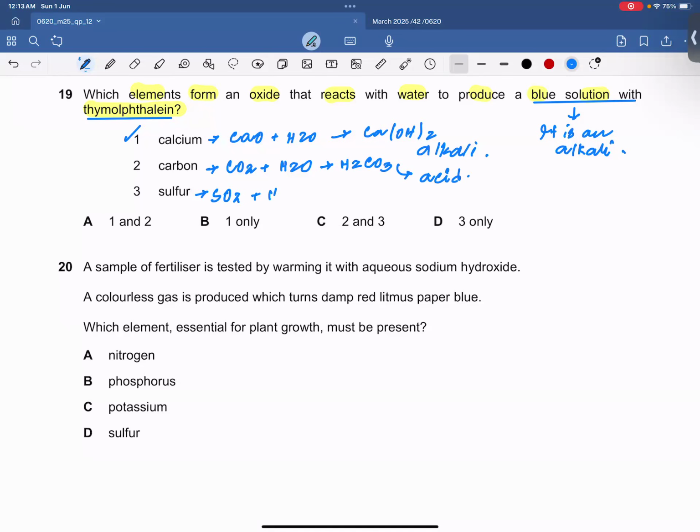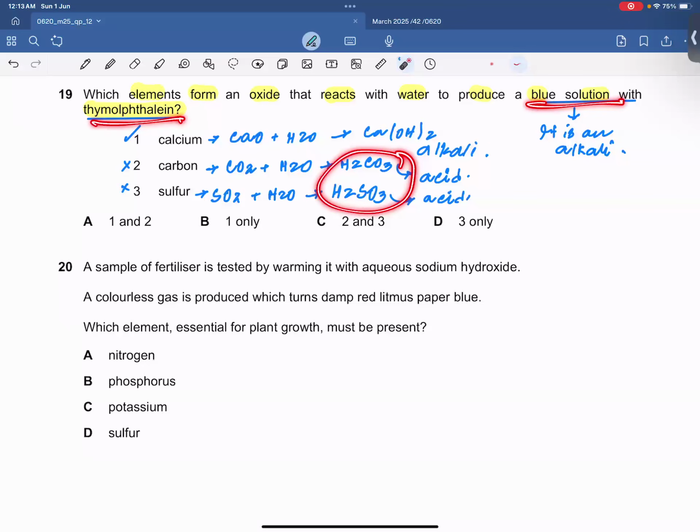When you add it in water, it turns to H2SO3, which is your sulfurous acid. So obviously second and third both are incorrect, because both give acidic solutions. In acid solution, thymolphthalein is colorless, whereas the examiner is showing blue, which means only the first option is correct, and therefore B is going to be the right answer.